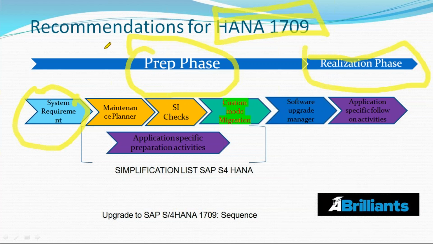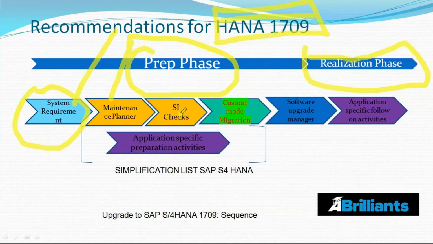After looking at the system requirements, we'll look at the maintenance planner. The maintenance planner serves like an audit or a back check on what the application is going to look like in the future and how it is going to be run. The next phase, we're going to look at the SI checks, and after that, the custom mode of migration.